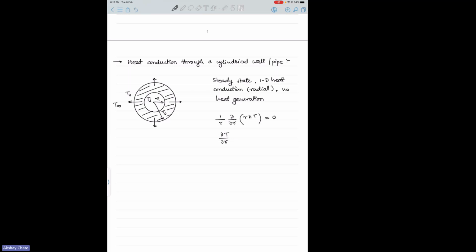One second. So basically you'll have k by r del by del r, of T squared, or it should be square, right? Because it's a Laplace, right? Essentially it is this equal to 0.